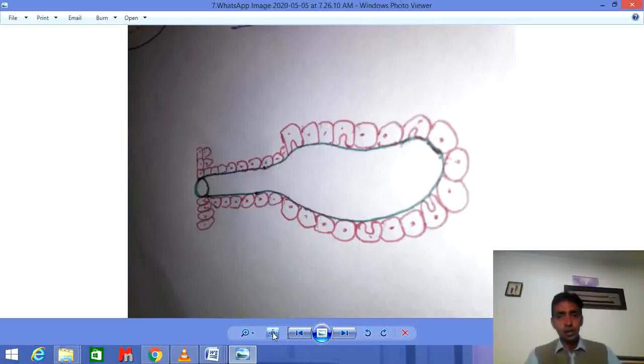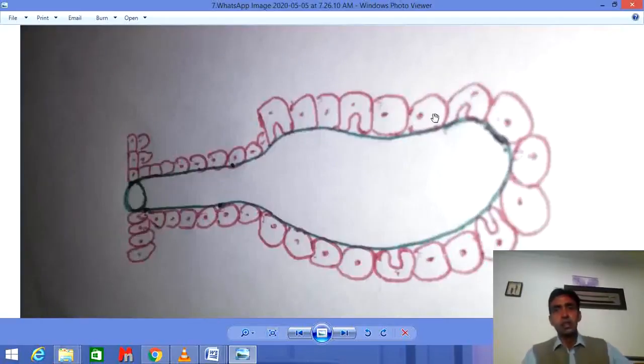So in this diagram you can also see the G cells and the D cells. The G cell is responsible for production of gastrin, and what does gastrin do? Gastrin is not secreted in this lumen. Actually the HCl is secreted to this lumen, the pepsinogen is secreted to this lumen, but the G cell does not secrete the gastrin to this lumen.